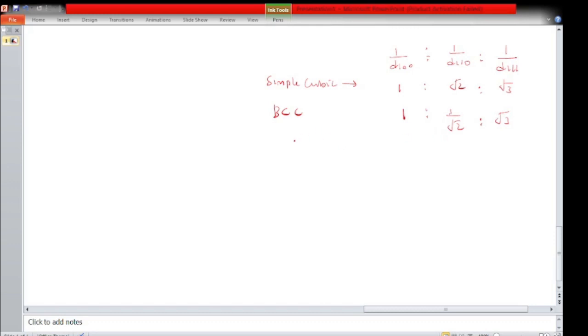Then we have the FCC, which is also having 1 is to root 2 is to root 3 by 2.